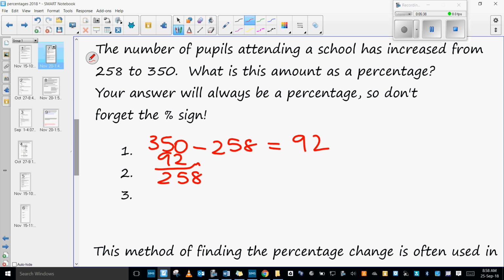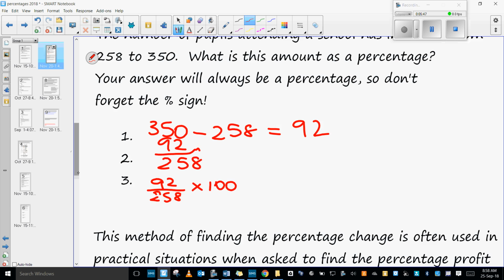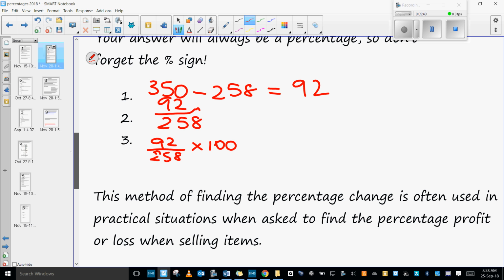And then we need to multiply that answer by 100. So we've got 92 over 258 multiplied by 100. And does anyone, Jade? Not 92 divided by 258. You must have made a mistake typing on your calculator.